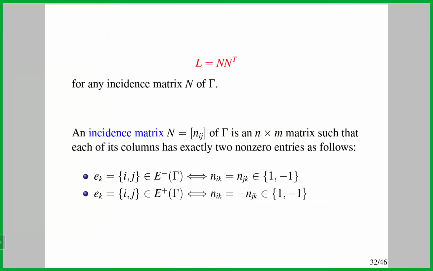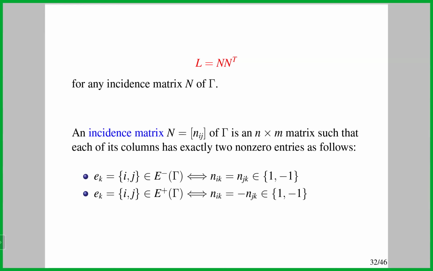So an interesting property of this Laplacian matrix of a sign graph is you can write L as N times N transpose, for any incidence matrix N of the sign graph gamma. But the interesting thing here is there are multiple ways you can define the incidence matrix for this gamma.